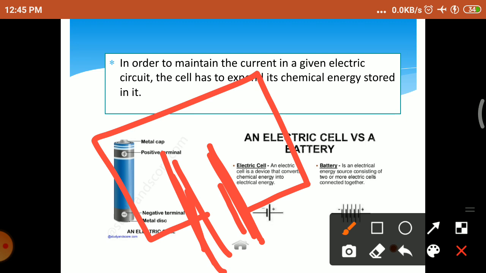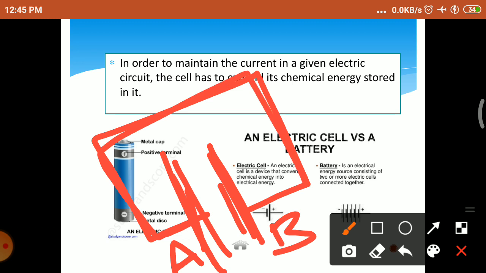Once the chemical energy is exhausted, there is no potential difference between A and B. So there is no flow of electric charges. When there is no flow of electric charges, no current is produced. So I have to maintain the chemical energy stored in the electric cell.